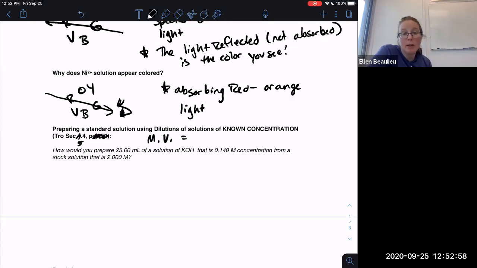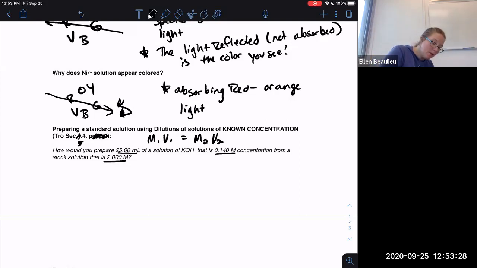You can take the molarity of the first solution and the volume that you use of the first solution to determine the molarity of the second solution if you know how much of the second solution you're making. In this case, you're making a new solution from a stock solution that is pretty concentrated. So this question is asking you, how would you prepare 25 mL of a solution that's 0.140 molar from a stock solution that's 2 molar?